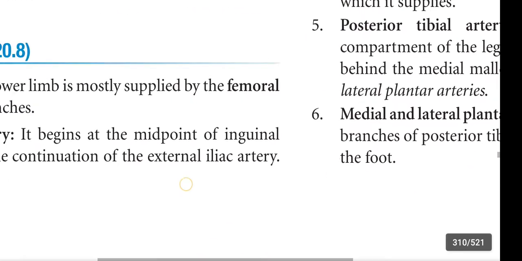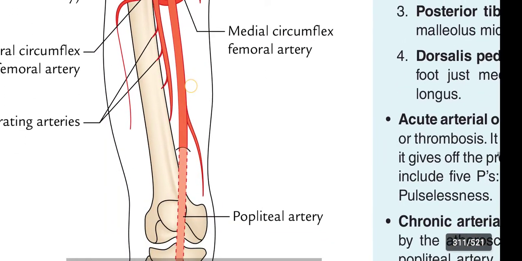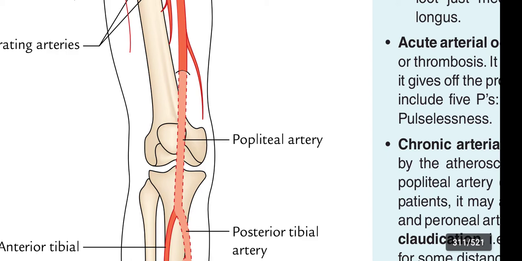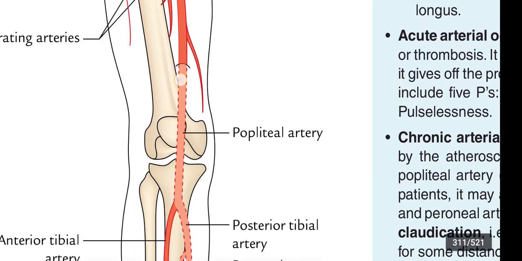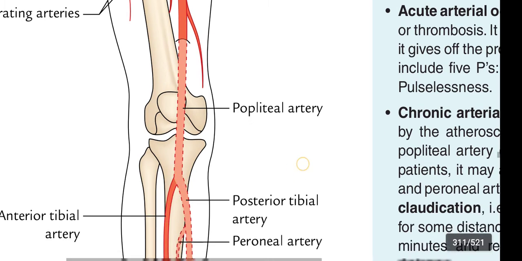Coming to the figure, this is the popliteal artery. It gives off two branches. This is the anterior one, this is the posterior one. Now we are talking about the anterior tibial artery.